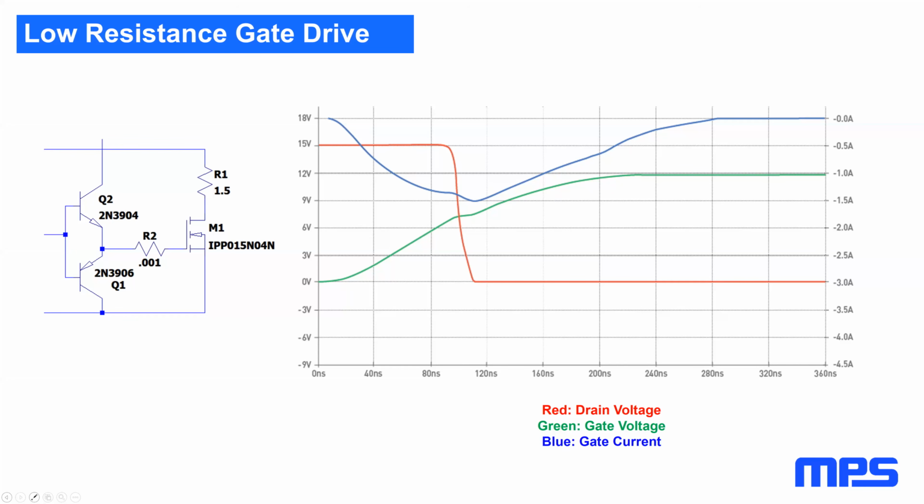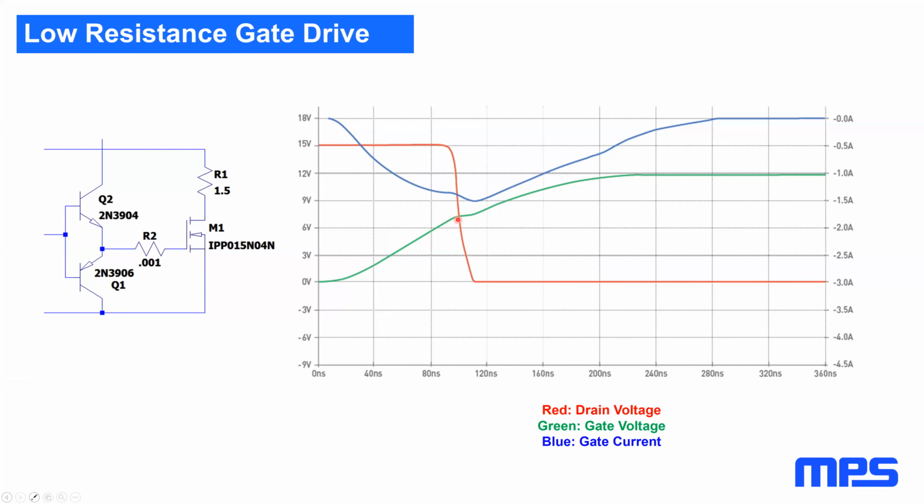So here you can see the peak current is about 1.5 amps. The gate voltage, which is the green line, increases from 0 to 12 volts. It's sort of an RC time constant sort of curve. The rise time is limited by the gate capacitance and the drive capability of the bipolar driver. That was that 1.5 amps.